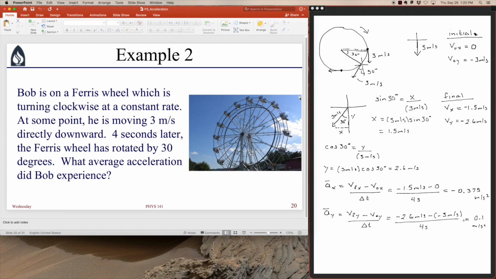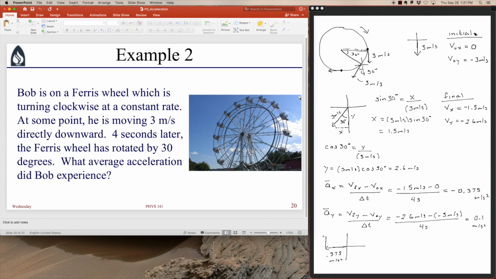So I should draw a picture of what the average acceleration vector looks like. So here are my coordinate axes, and the x component of the acceleration is negative. So it's negative, and it has a magnitude of 0.375 meters per second squared. And the y component is actually positive.